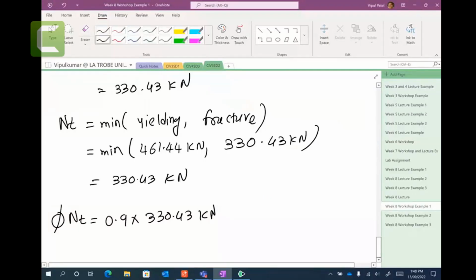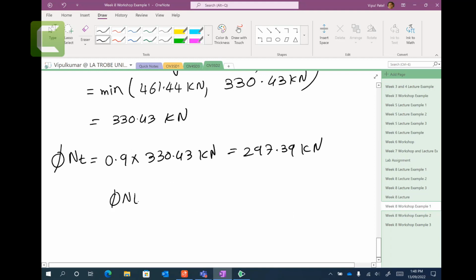Section 7. So finally, we get the final answer of 0.9 times 330.43, which gives 297.39 kilonewtons. So the final answer, capacity, equals 297.39 kilonewtons.